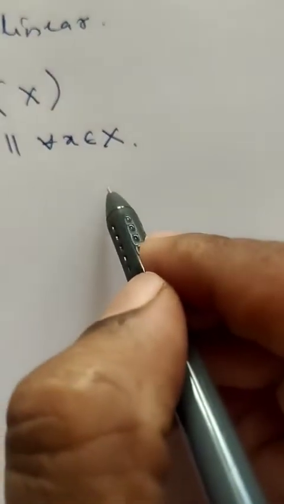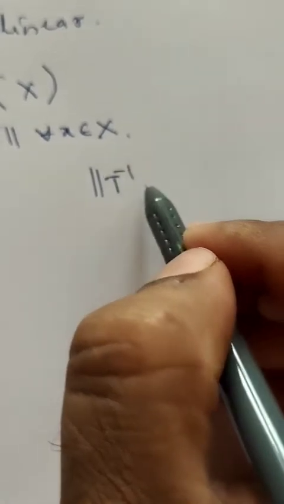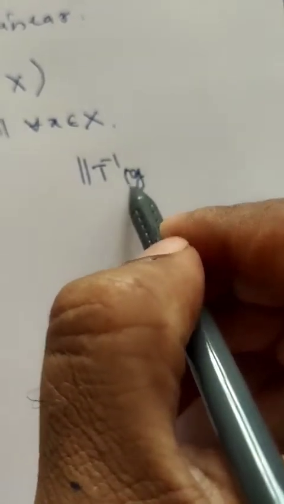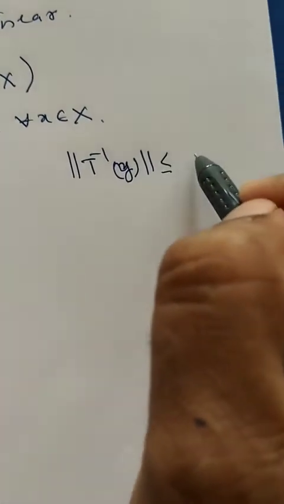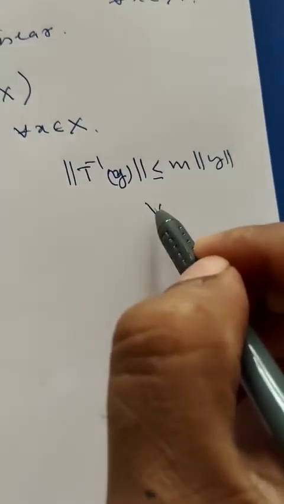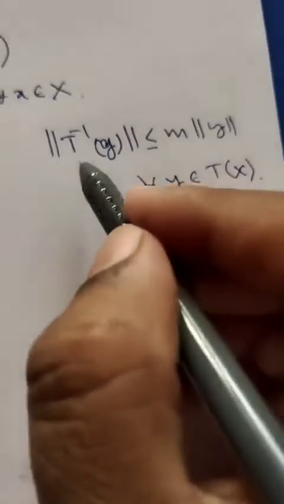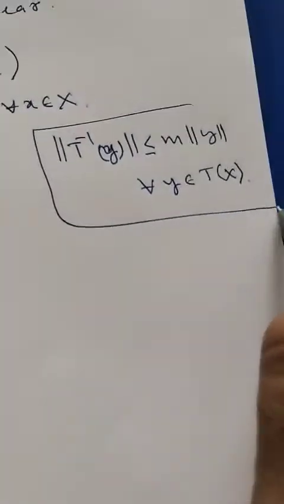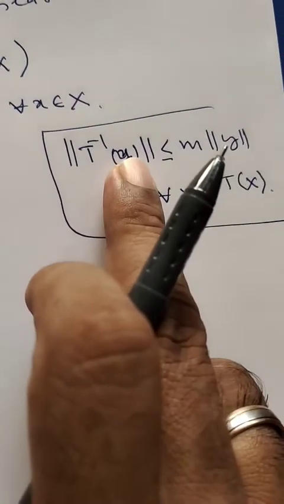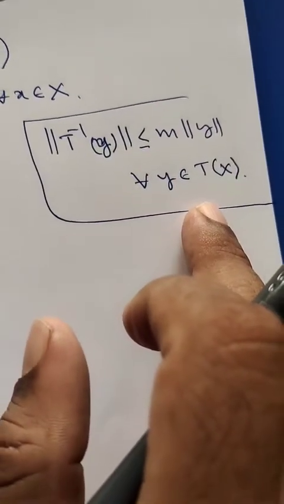So to show T inverse is bounded or continuous means norm of T inverse of y is less than or equal to some m times norm of y for every y belongs to T of X. This is the domain of T inverse, right? This is the definition: the mapping T inverse is bounded if this condition holds.